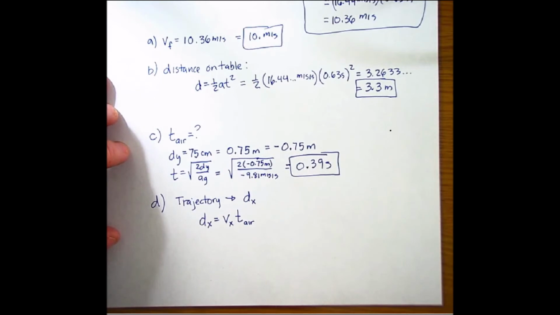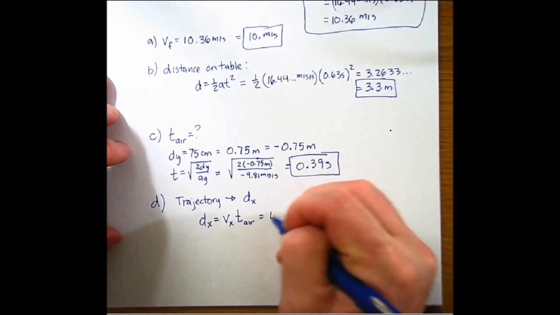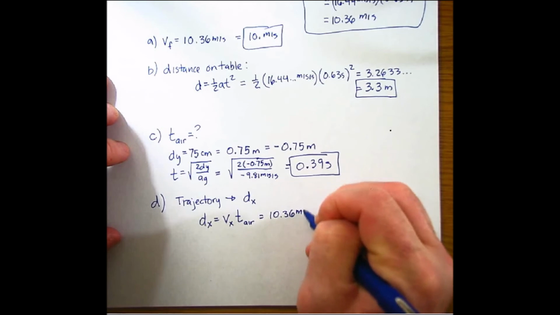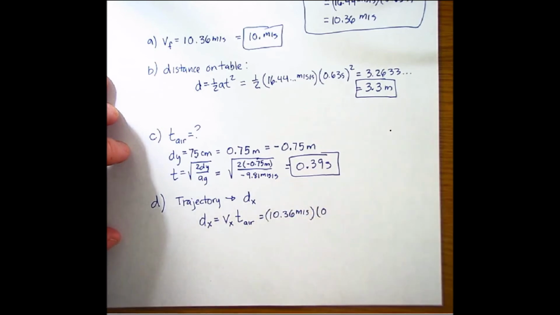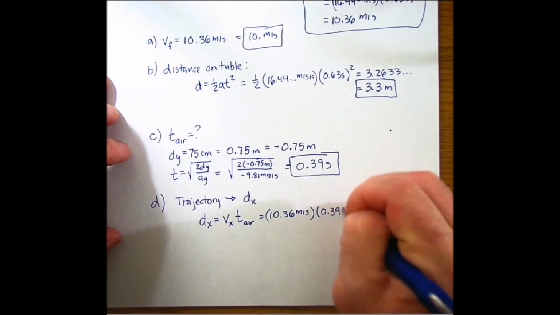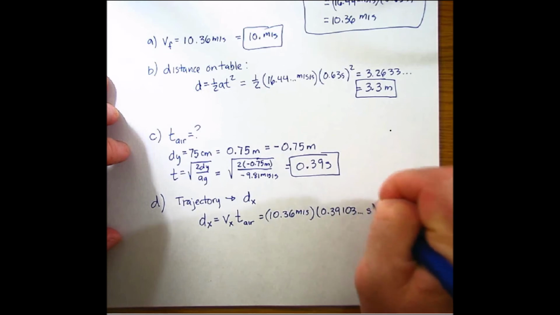Remember, my Vx is actually what the final velocity of the ball was when it left the table, which was 10.36 meters per second. So I'm going to take 10.36 meters per second, and I'm going to multiply that by the time that the ball was in the air, which is 0.39103 seconds.